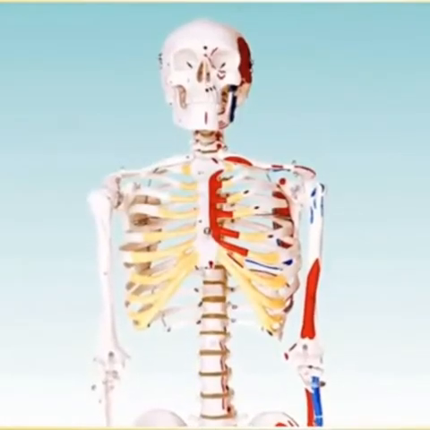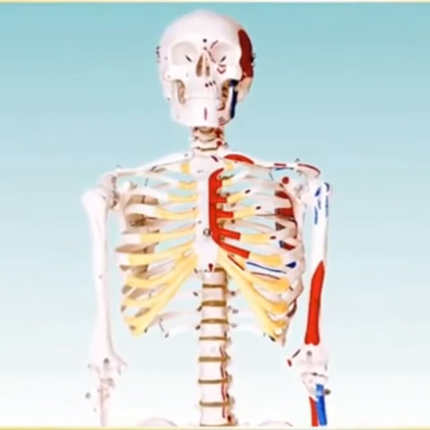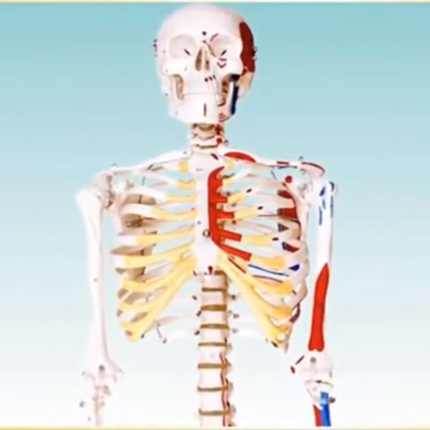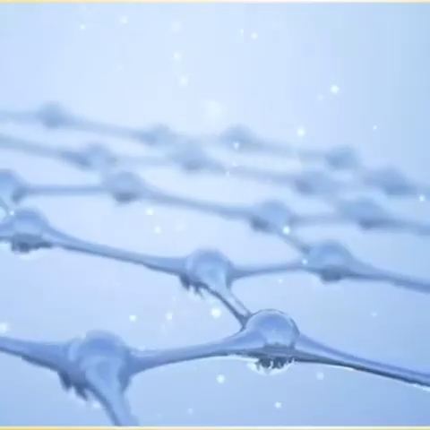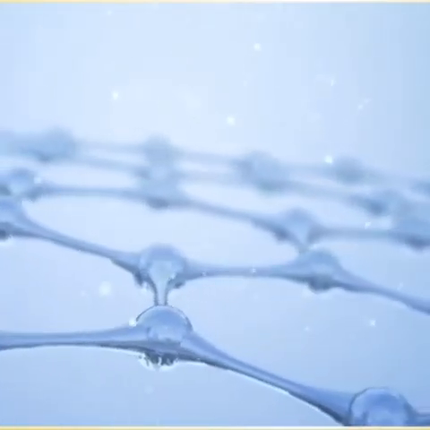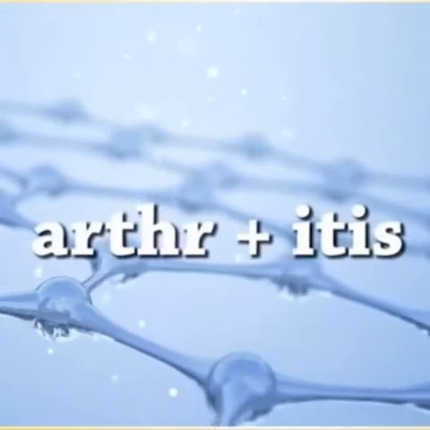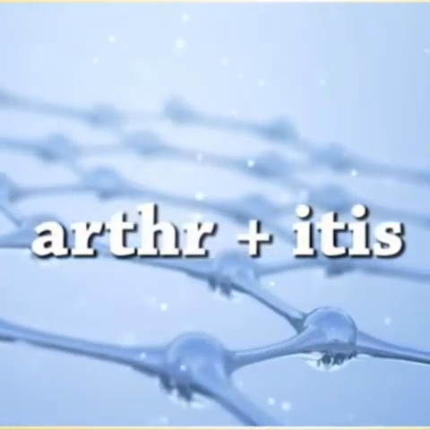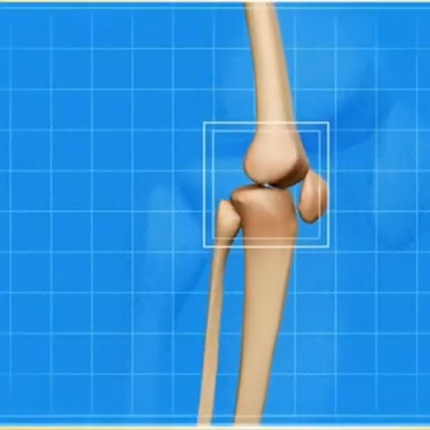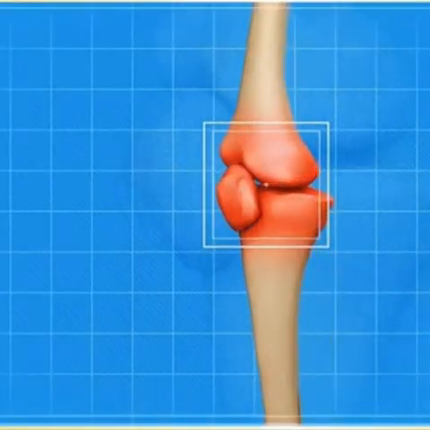For example, the prefix arthr comes from the Greek word arthron, which means joint. When we combine that with the suffix -itis, which means infection or inflammation, we get the word arthritis. Arthritis is an inflammation of the joints.